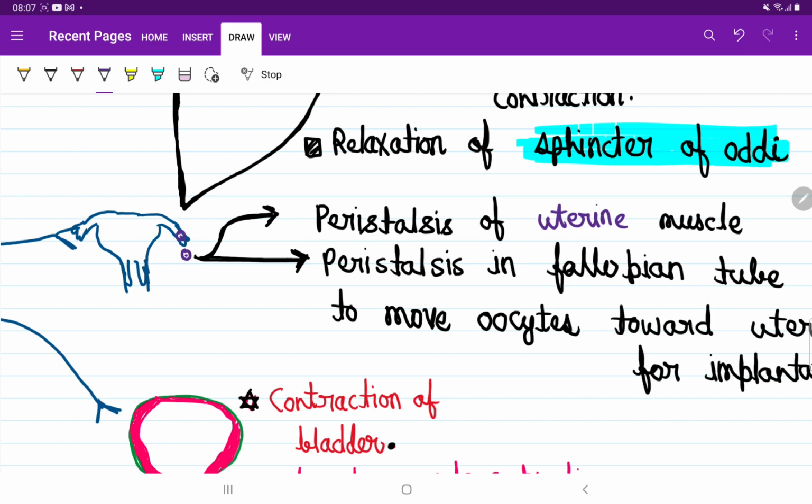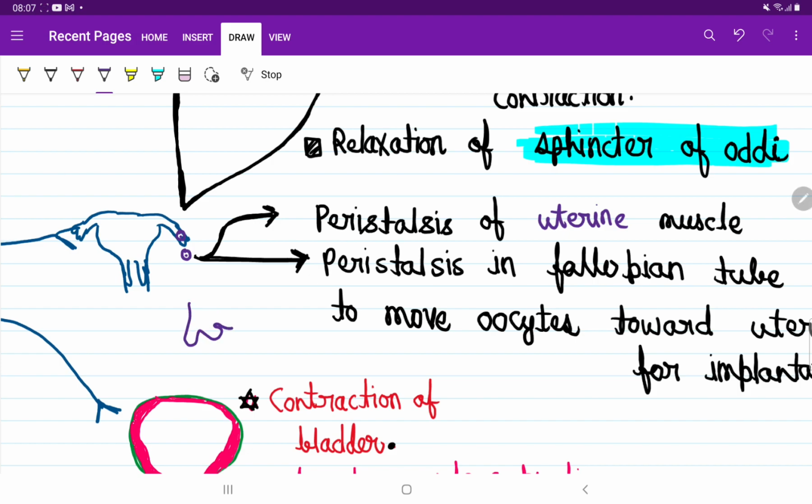Why toward the uterus, students? Once the female gamete is released from the ovary, it comes into the coelom, then enters the fallopian tube, and has to come to the ampulla.